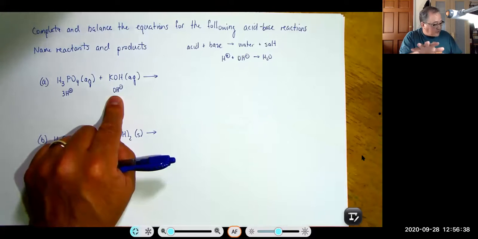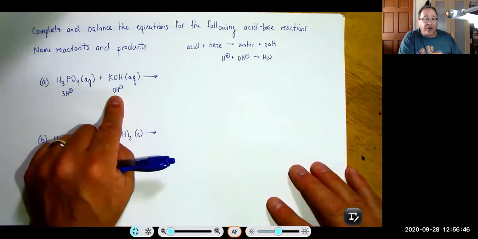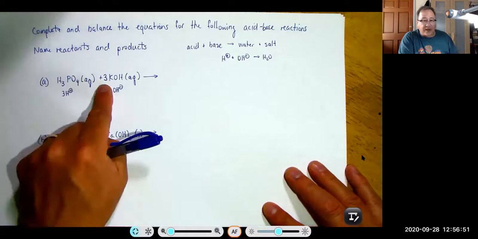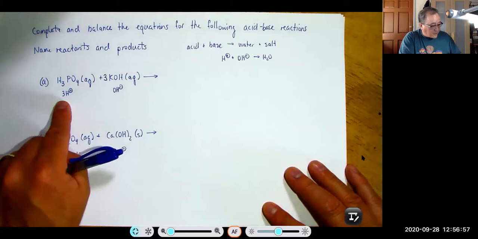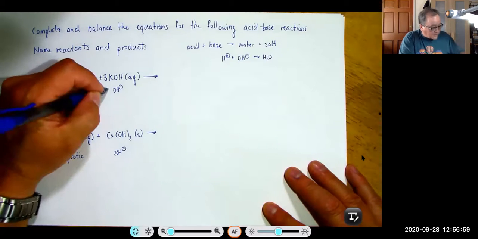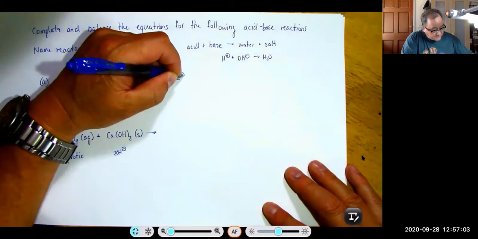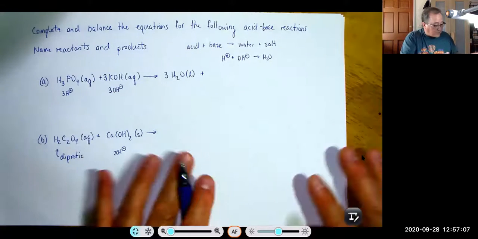So what I want to do is I want to get 3 hydroxides, and to balance equations, what are we allowed to do? And the answer is change the coefficient. So if I put 3 here, that means I will have 3 hydroxides. So how many waters will we get if we have 3 protons and now 3 hydroxides? And the answer is 3 waters. Now to finish this off, we just look at what's remaining.